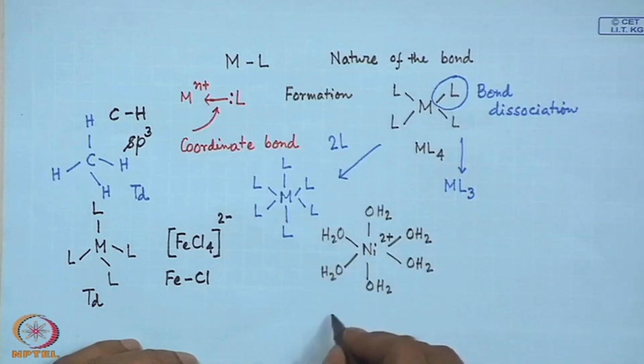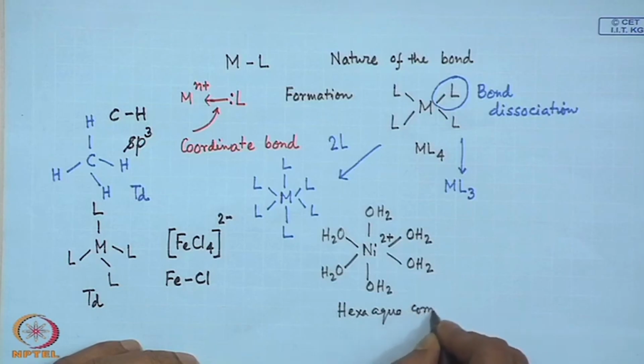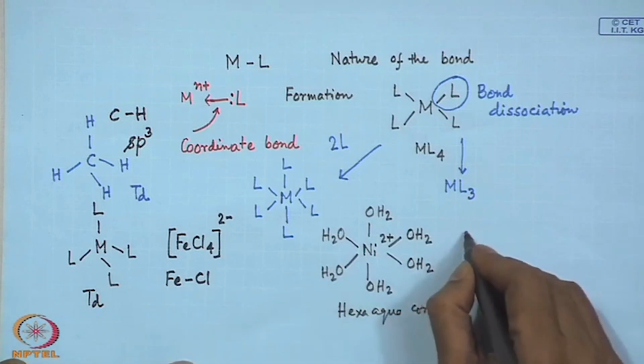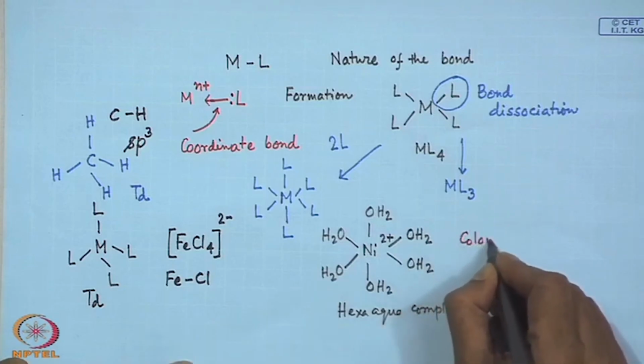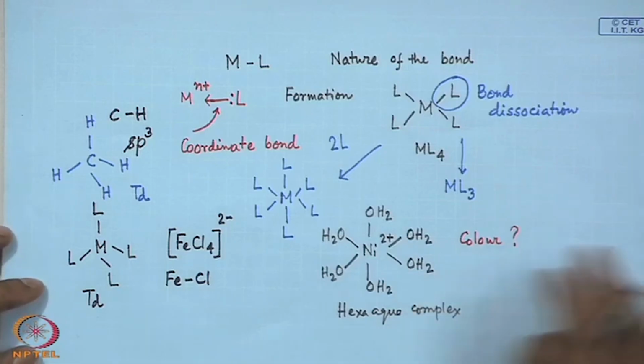So we have the hexa-aqua complex, and this particular species which is forming in solution, we have to explain the color, how the color is originating from this particular species which is forming immediately in the solution.